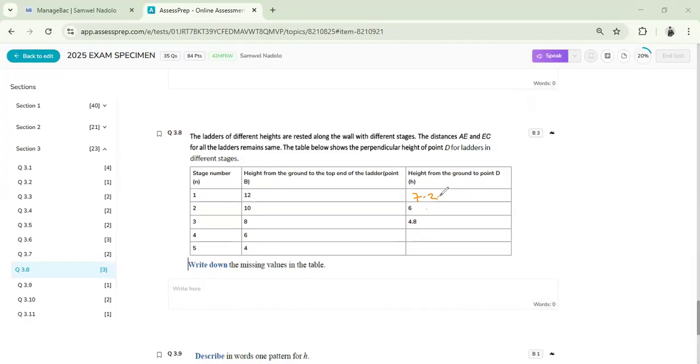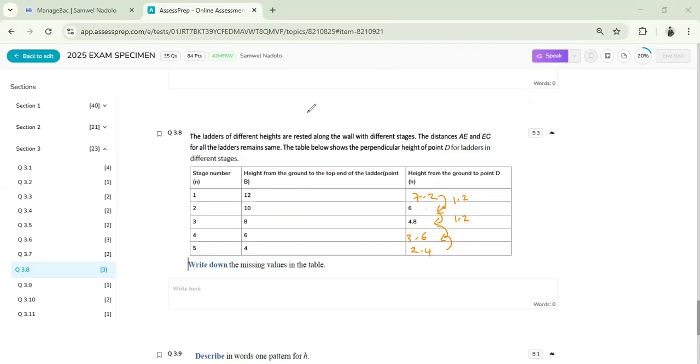Confirm that that difference is the same everywhere. Check the difference on this other side. What is 6 minus 4.8? It is 1.2 also. That means all the numbers here will be decreasing by 1.2 because you are moving from 7.2 to 6 to 4.8. So we'll have 4.8 minus 1.2 and you'll get 3.6 here. And then subtract another 1.2, you're going to get 2.4 at this point.